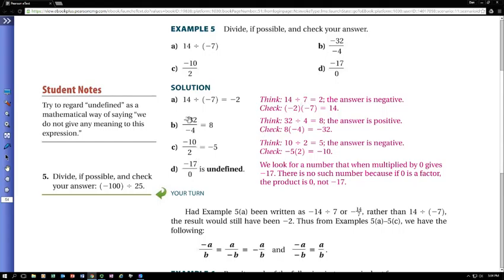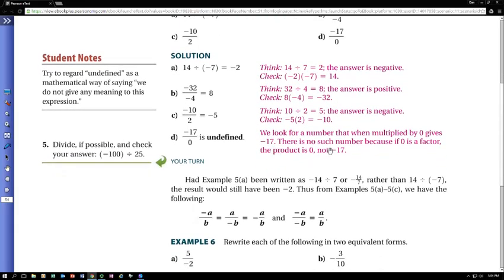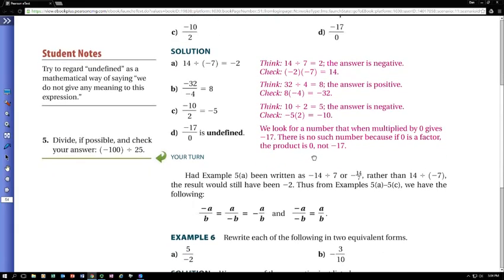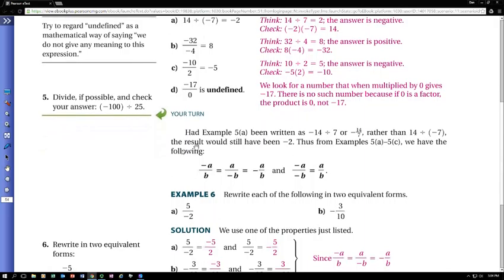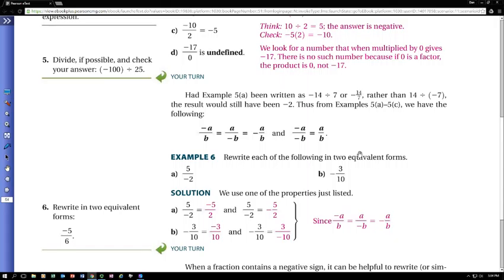If I wrote this in that form, it would be negative 17 divided by 0. This is the divisor in this case. If the divisor or denominator of the fraction is equal to 0, it is undefined. This is a very important little rule.